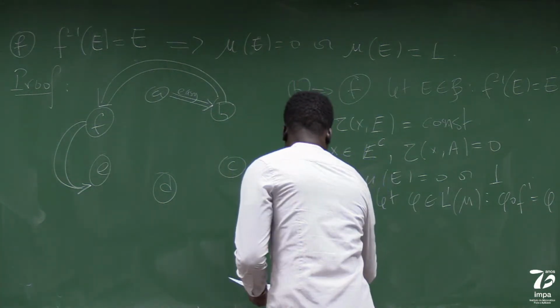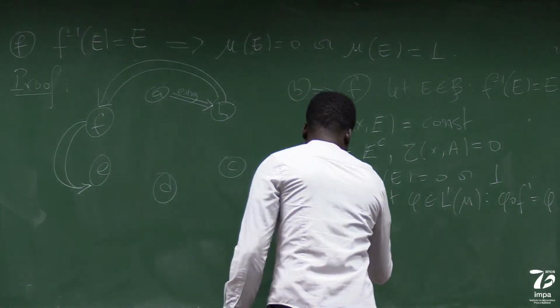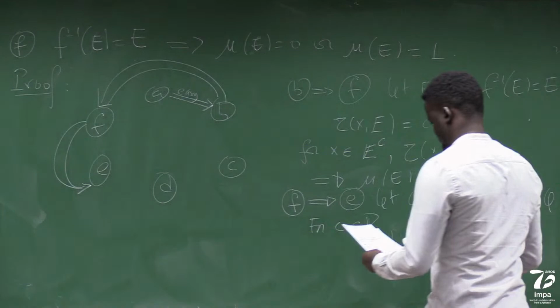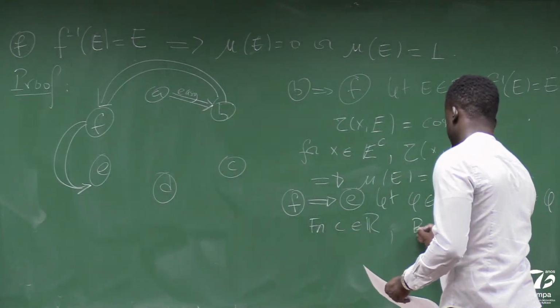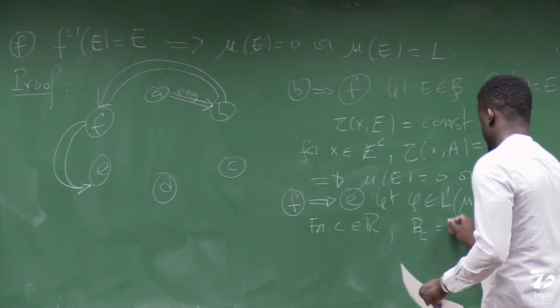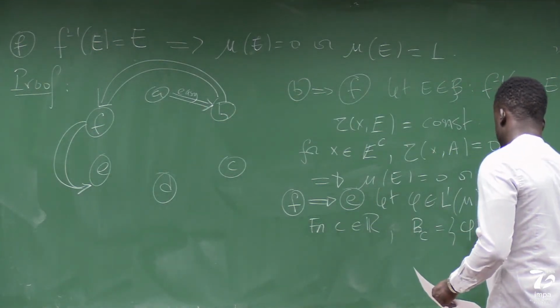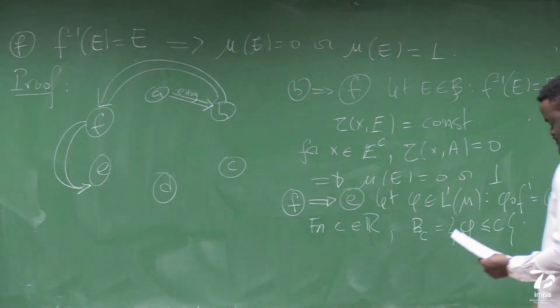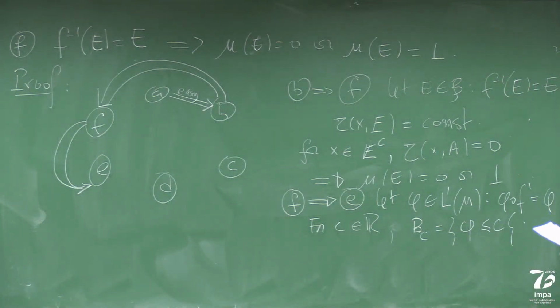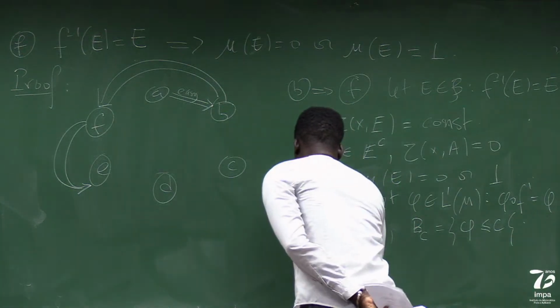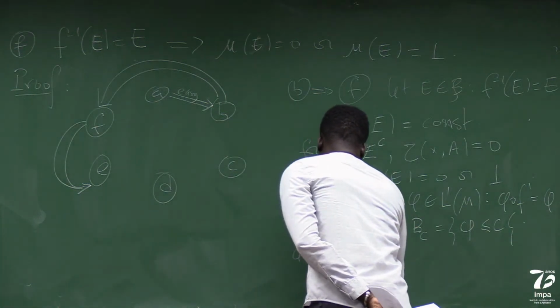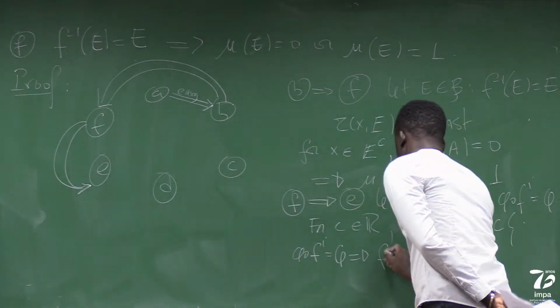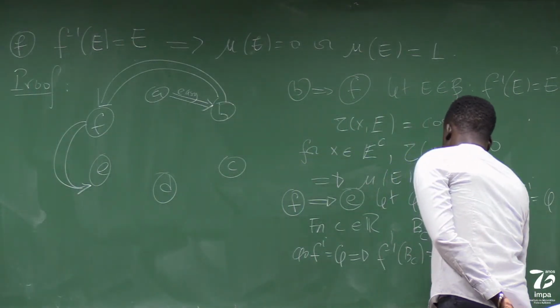You use this family of sets: for a real number C, you define B_C as the set of points such that phi is less or equal to C. By this property, phi composed with F equals phi implies that this set is invariant: F minus 1 of B_C equals B_C, right?